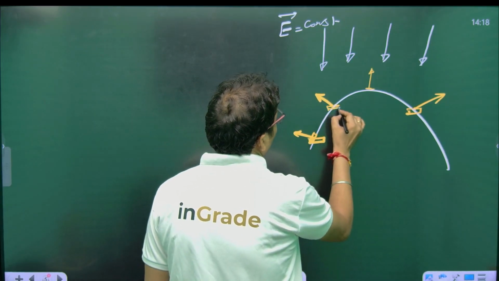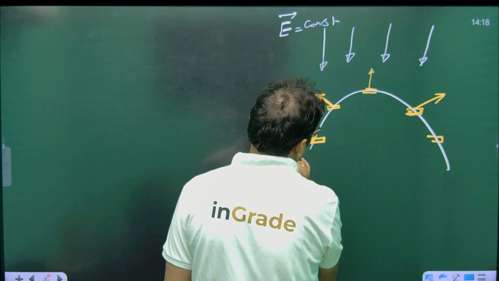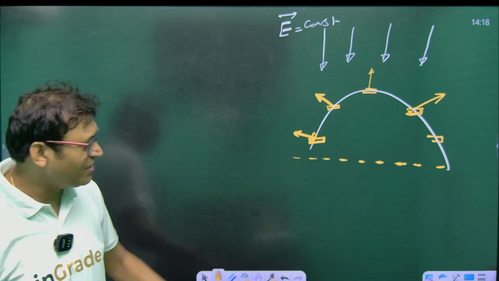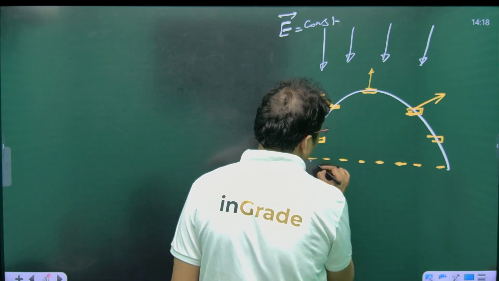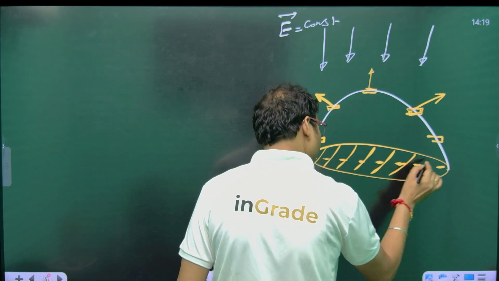If we take all the horizontal components of dA and put them on a horizontal screen, it will give us the projection of this curved surface on the horizontal screen.